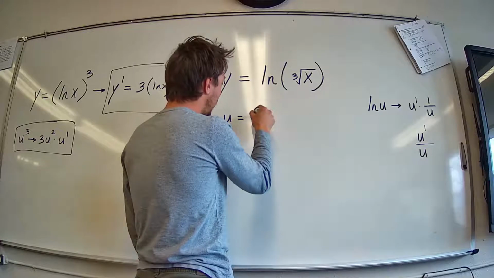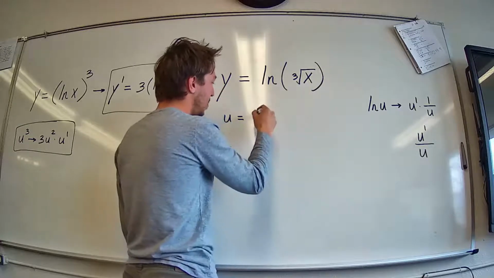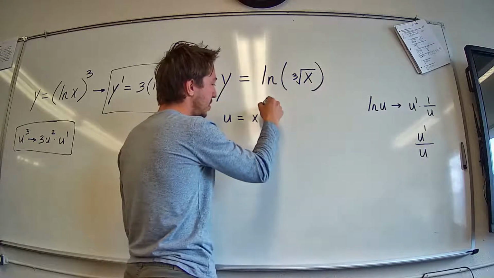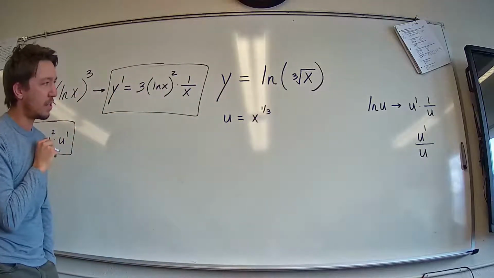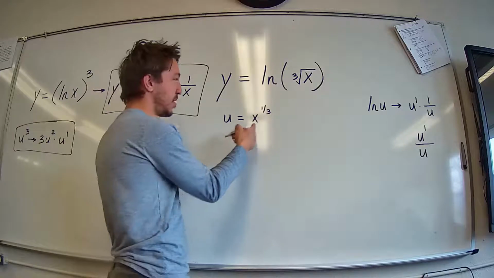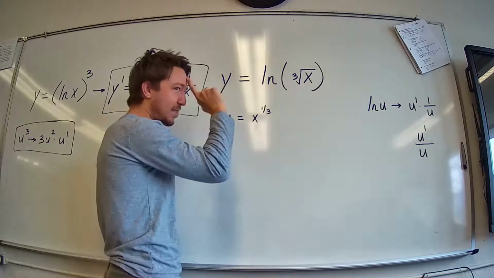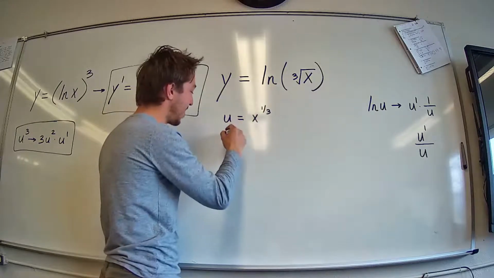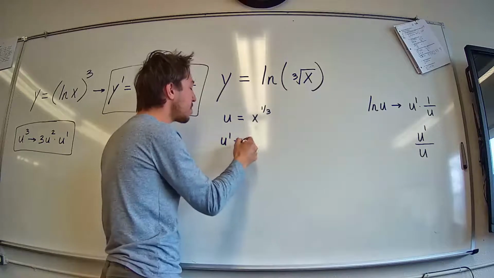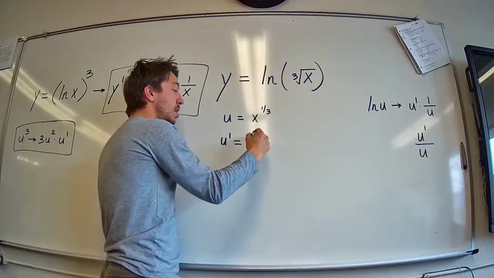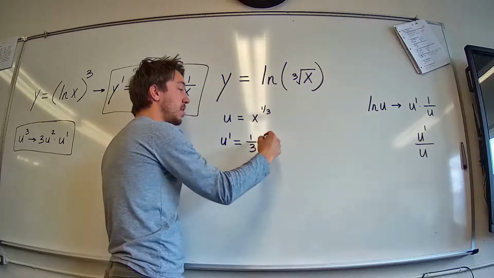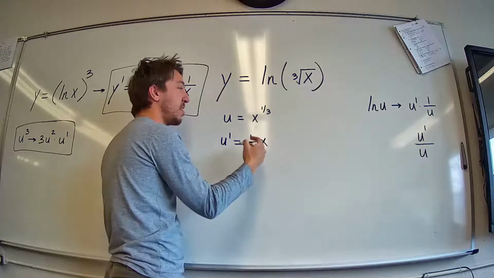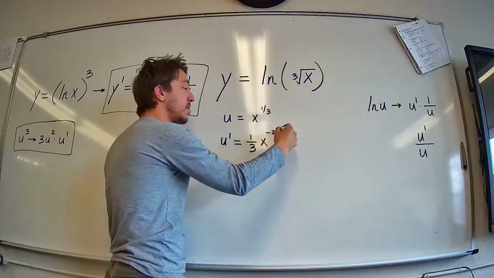Okay. So u is this thing. X to the what power? 1/3 power. Okay. So, by the way, that hint, if you're thinking sneaky, what's u prime? 1/3 x to the -2/3, right?